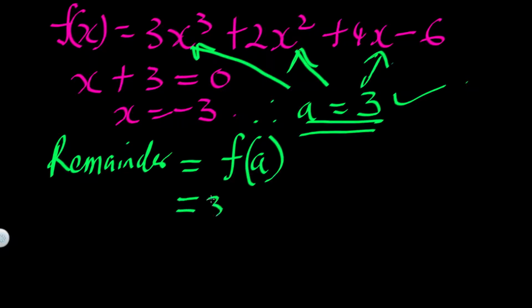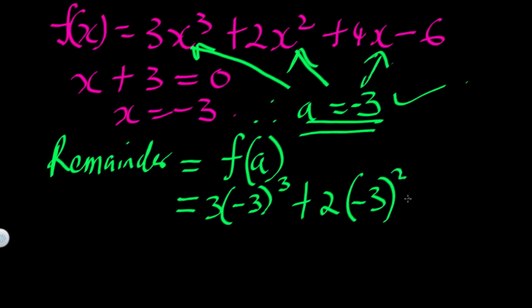So I'm going to write f of a. It means 3 by, sorry, our a is minus 3. So it's 3 by minus 3 cubed plus 2 by minus 3 squared plus 4 by minus 3, then minus the 6. This is our remainder.